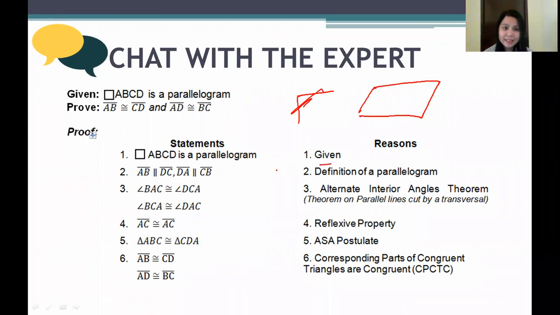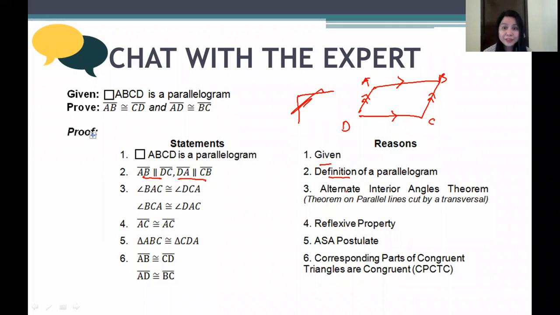So AB is parallel to DC, and DA is parallel to CB. Our reason? That's the definition of a parallelogram.